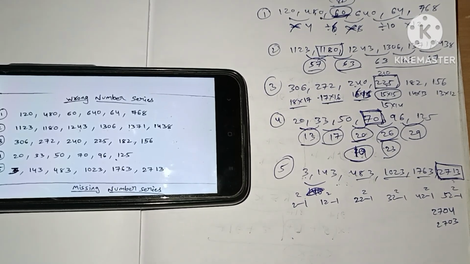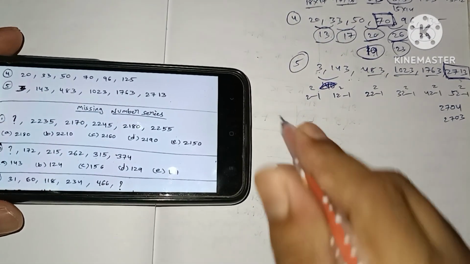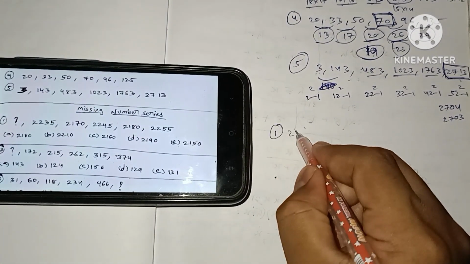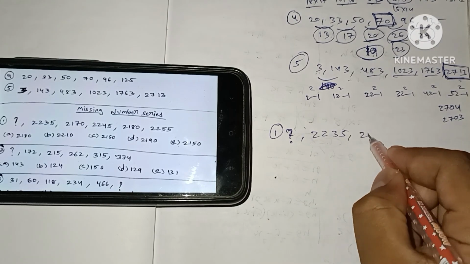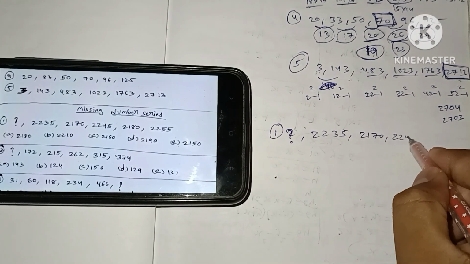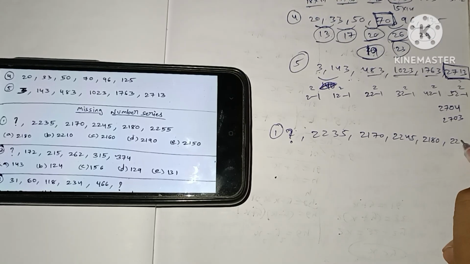Okay. Now we are going to see missing number series. Missing number series, first question. Question mark, 2235, 2170, 2245, 2180, and 2255.